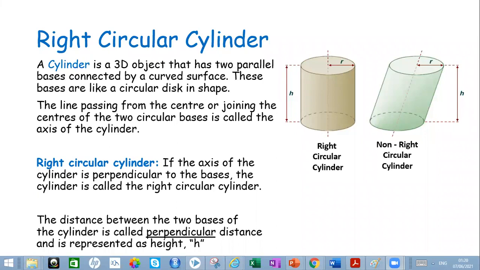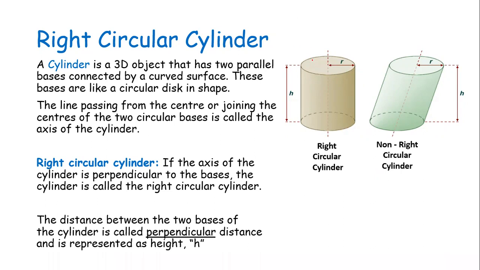The right circular cylinder. A cylinder is a 3D object that has 2 parallel bases connected by a curved surface. These bases are like a circular disc in shape. So if we look at this cylinder here, we can see that it's a 3D object with 2 parallel bases.